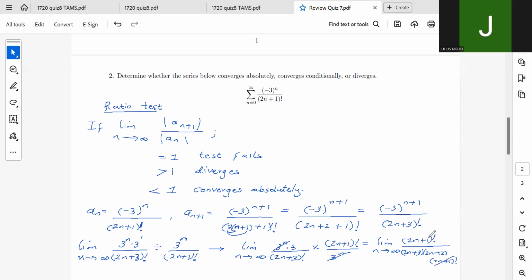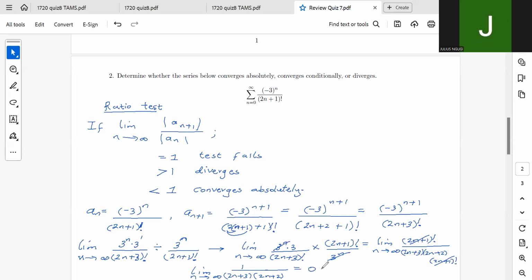And then 2n plus 1 and 2n plus 1 will cancel, giving us limit as n approaches infinity of 1 in the numerator divided by 2n plus 3, 2n plus 2. And as n grows, this answer will go to 0.